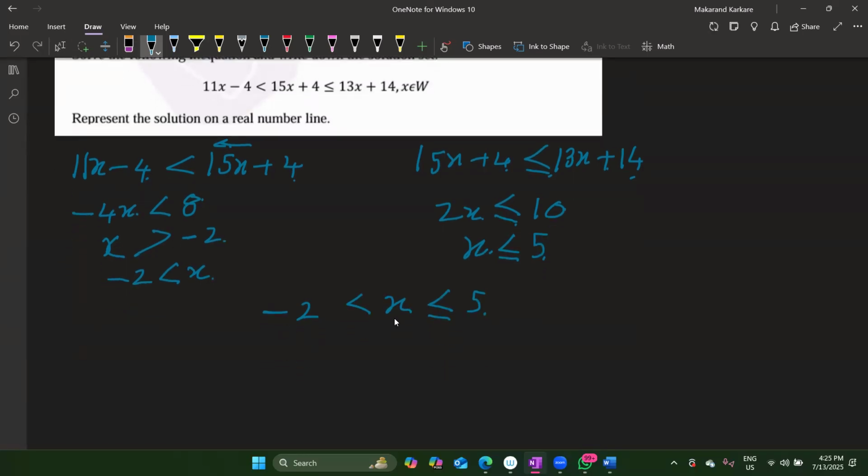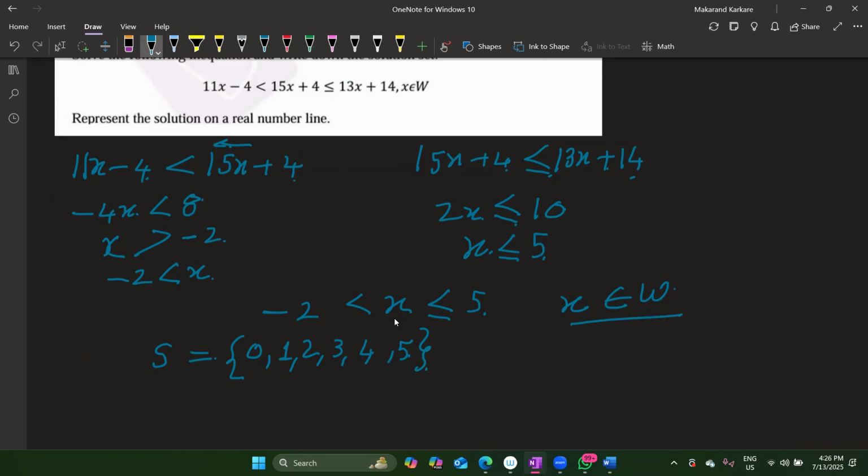Don't forget x belongs to W. Because x belongs to W, the minus 2, all the numbers before 0 are useless for me. And so if I was to write the solution set, it is going to be 0, 1, 2, 3, 4, and 5.